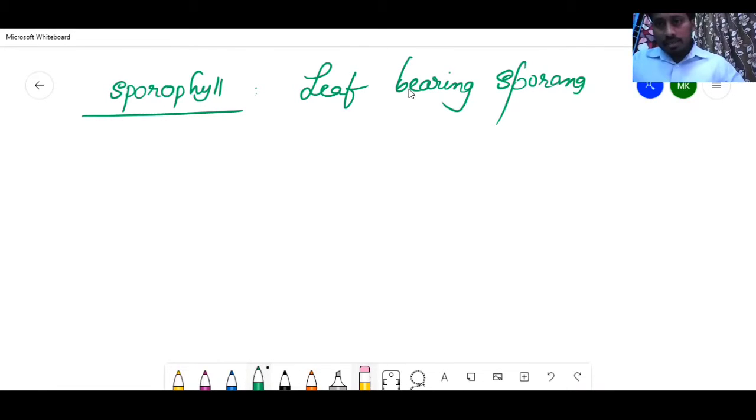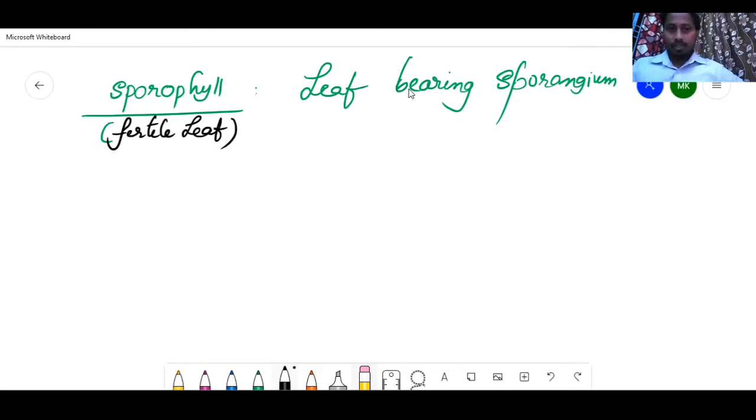The reason is that on its leaf surface the sporangium is located. Sporangium will have spores, and obviously spores are involved in reproduction. That is the reason this is a fertile leaf, because it is involved in reproduction.